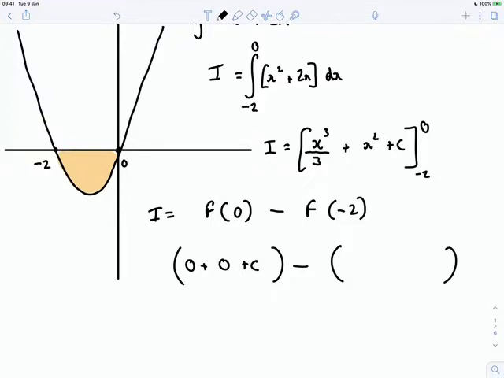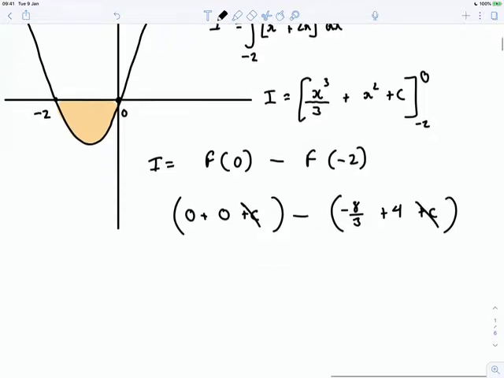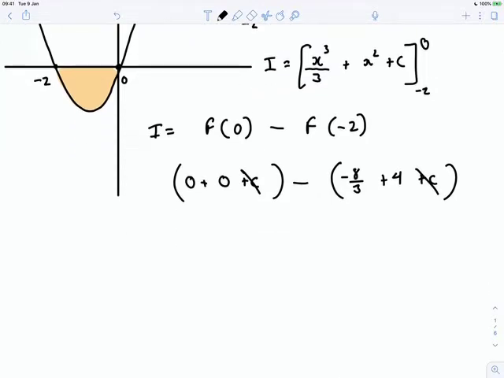Minus, and then when you sub minus 2 in, you're going to get minus 2 cubed, which is minus 8 over 3, plus minus 2 squared, which is plus 4, and then plus c, and then again, the plus c's always cancel. So minus 8 thirds plus 4, which is 12 thirds, becomes minus 4 thirds. Positive 4 thirds. But then there's this minus here.